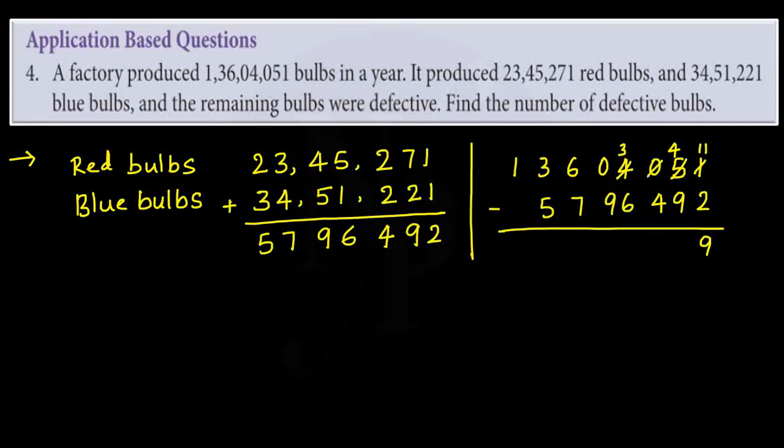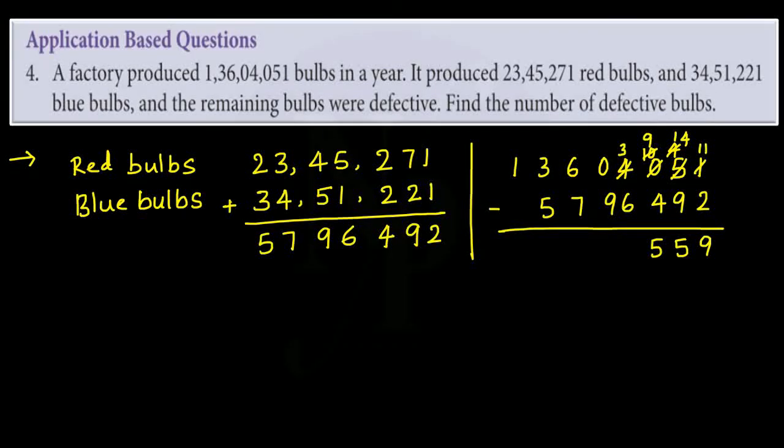Now this becomes 10. Again we make it 9, and we will make this 14. Now subtract 9 from 14, you get 5. Here subtracting 4 from 9, we get 5.